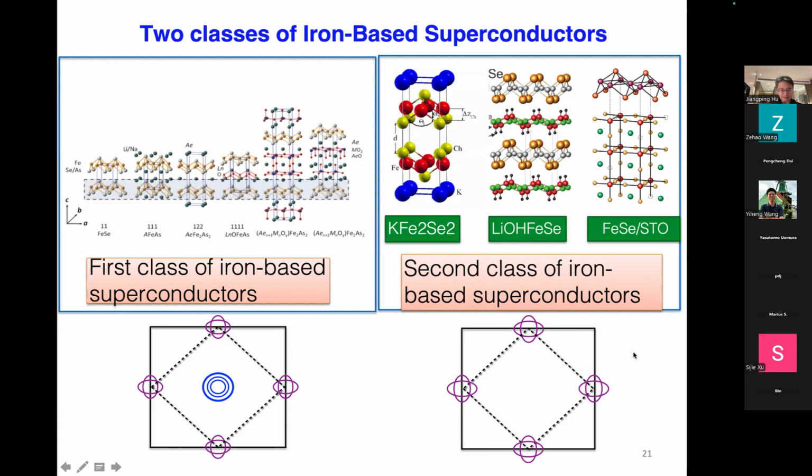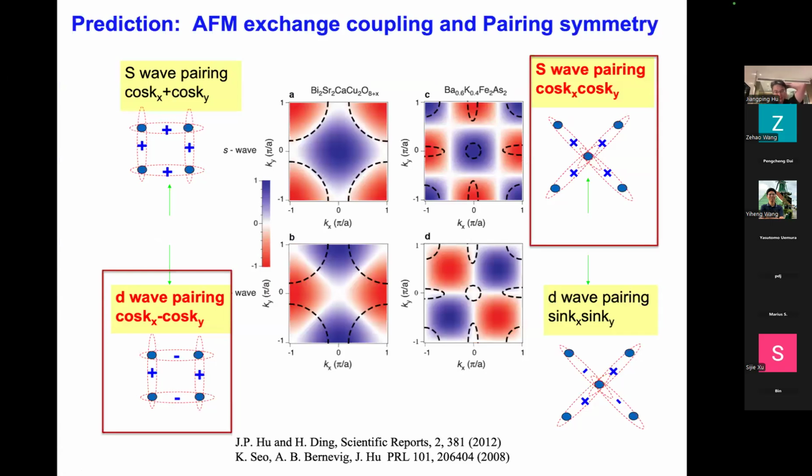So if you look at the pairing symmetry issue in the iron-based superconductors, one argument, one principle, was given by myself and Hongdian and also Bernevig at a very early stage.